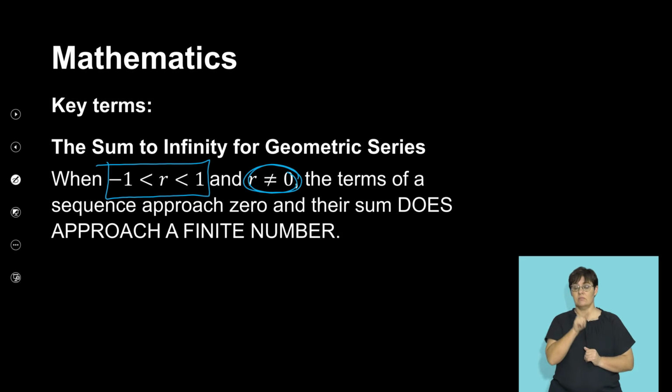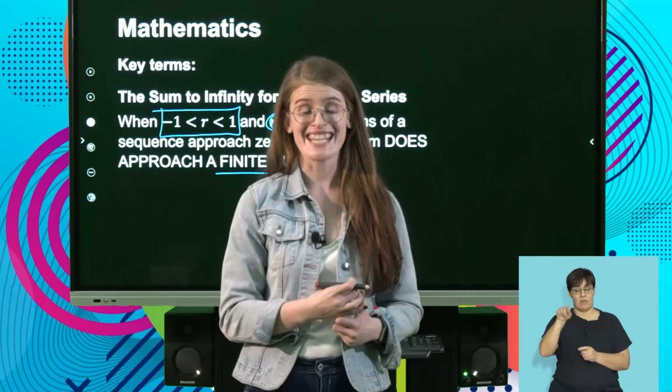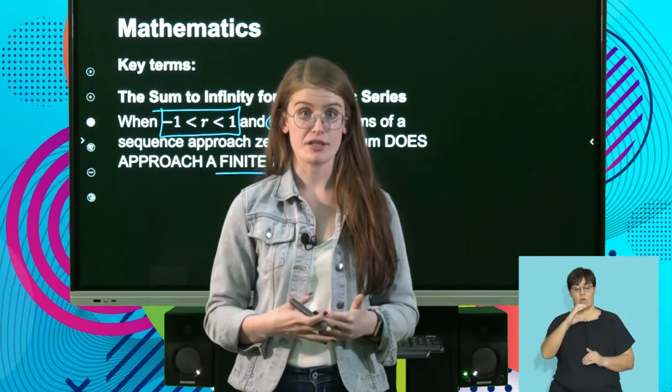When the ratio is between -1 and 1, the terms of the sequence approach 0, and their sum approaches a finite number. Please note that the most commonly used word when we're talking about the ratio in sum to infinity is that the series or the pattern converges.